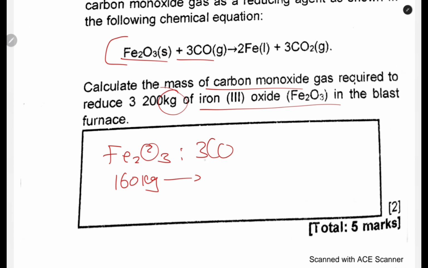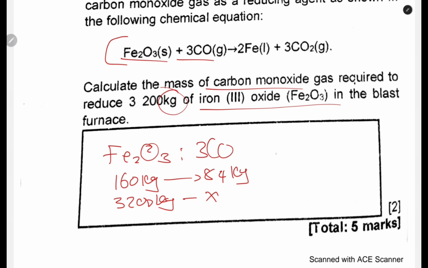What about carbon monoxide? That is 16 plus 12, which is 28, multiplied by 3, which is 84 kg. Then what about 3,200 kg of iron(III) oxide? What would be the carbon monoxide used?